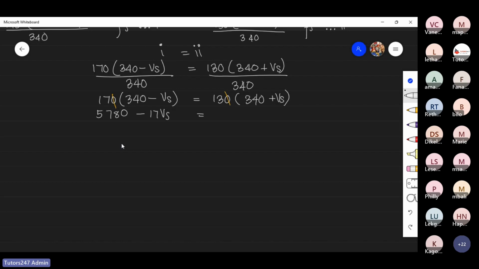So that is going to give us 13 times 340. That is going to give us a value of 4,420. Now we're going to multiply the 13 into the bracket and multiply it with positive VS. That's going to give us positive 13 VS.